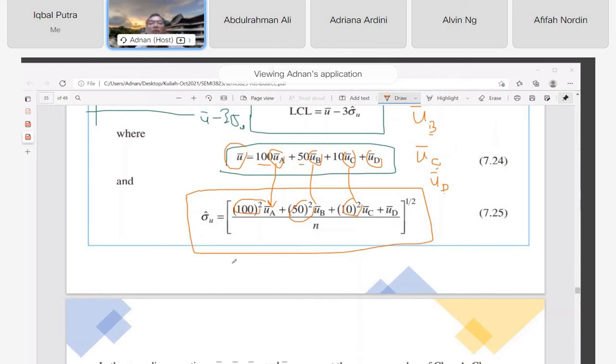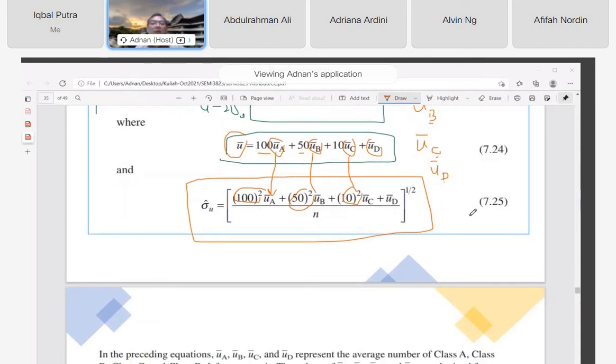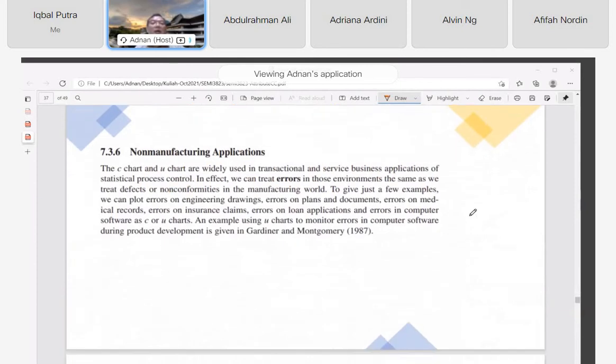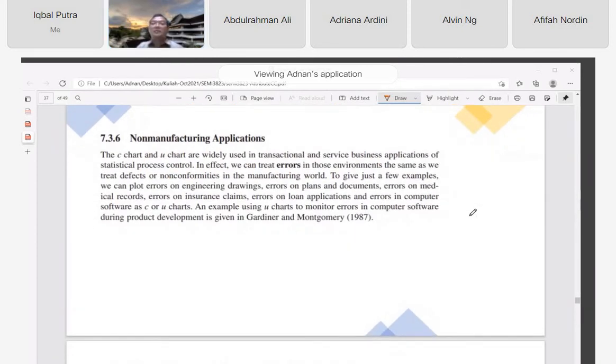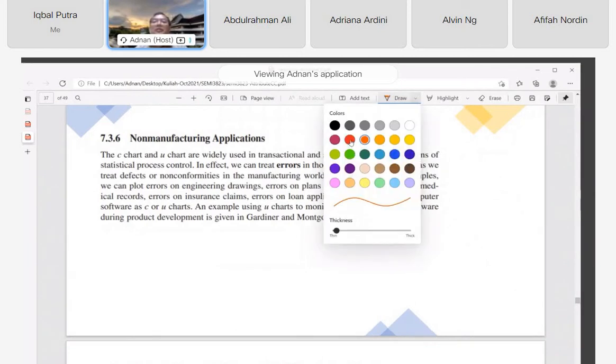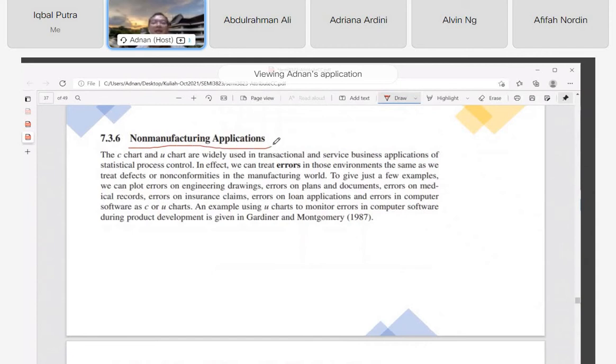Okay, let me move on to the general aspect of control charting. In non-manufacturing applications, control charts are not only used in manufacturing but also for non-manufacturing. As I mentioned before, it can be used in services like banking.